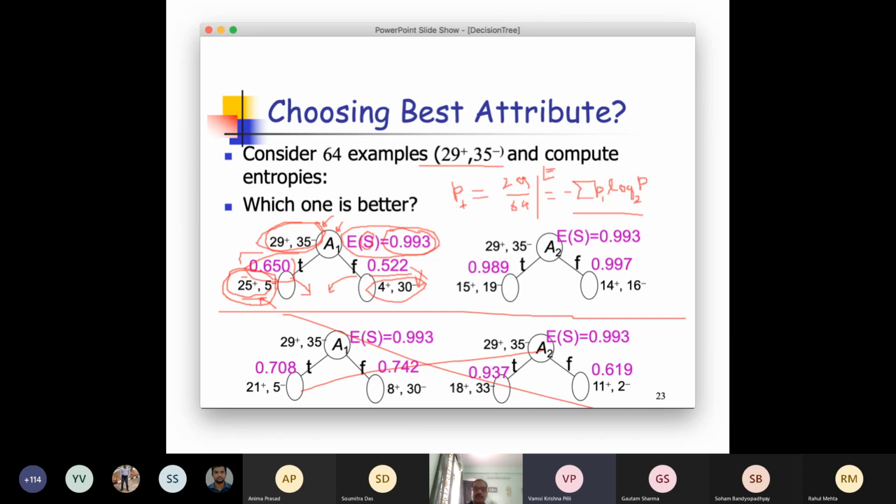So in this partition, with respect to the whole, entropy will be higher compared to that node. But if you take the weighted average, there will be a reduction of entropy. So our question is, suppose with respect to A1 you get a reduction, and with respect to A2 you get a reduction, then which one is the highest reduction?